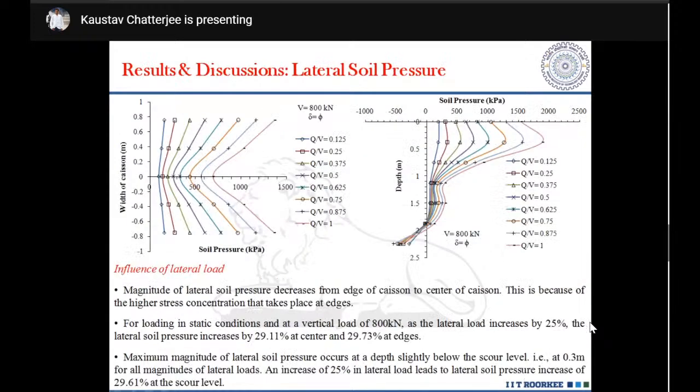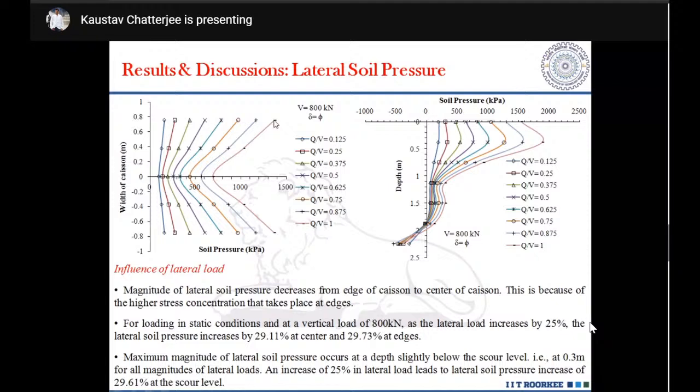Now let us come to the results and discussion part, that is, the variation of lateral soil pressure with the influence of the lateral load. What we see is that the lateral soil pressure is maximum towards the edges and it decreases as one moves from the edge towards the center. This is because of the higher stress concentration taking place at the edges.